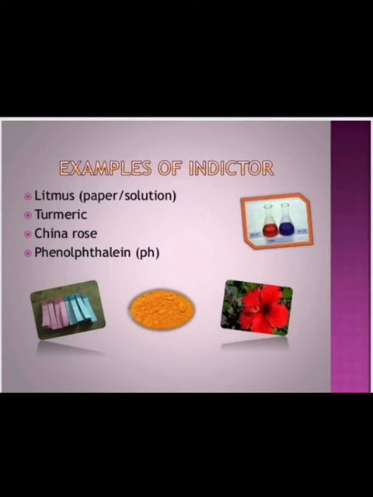In acidic solution, turmeric paper shows no change; it stays yellow. But in the case of basic solution, it turns dark red. Look, with this color we can easily detect whether a substance is acidic or basic.